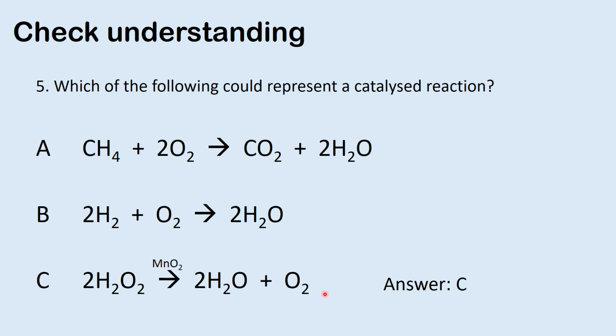So you get a large amount of oxygen bubbles produced. So you can then use one of your methods for measuring rate using gas collection over water or a gas syringe, and you'll find that either if you've done the exam questions already, you'll find this one is in there, or if you haven't done the exam questions, go and have a go at them now.